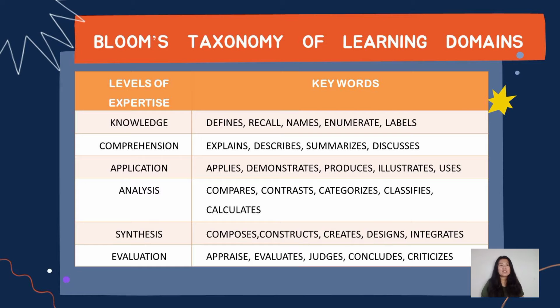Application has keywords like applies, demonstrates, produces, illustrates, and uses. For analysis, we have compares, contrasts, categorizes, classifies, calculates. Synthesis has composes, constructs, creates, designs, and integrates. And lastly, for evaluation, we have keywords like appraises, evaluates, judges, concludes, and criticizes.